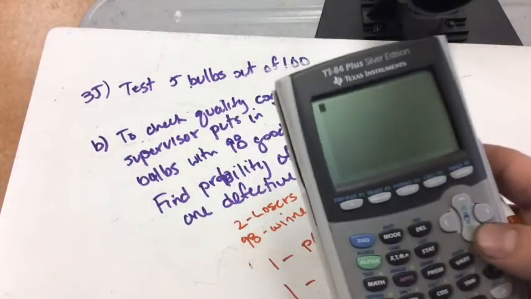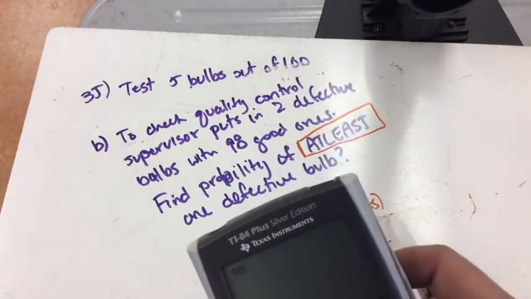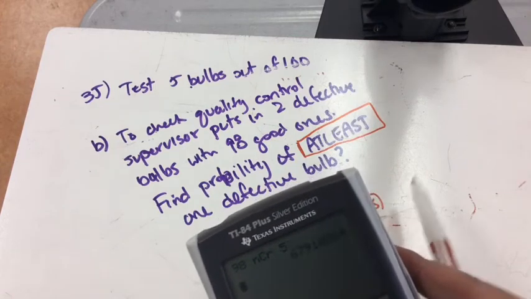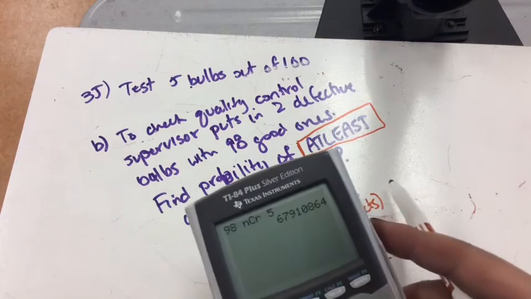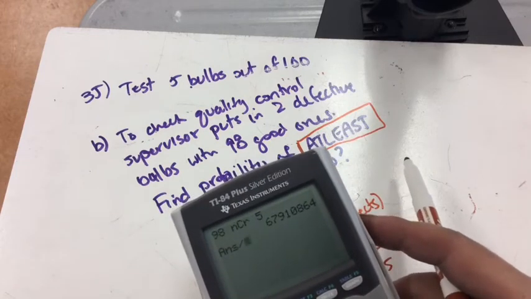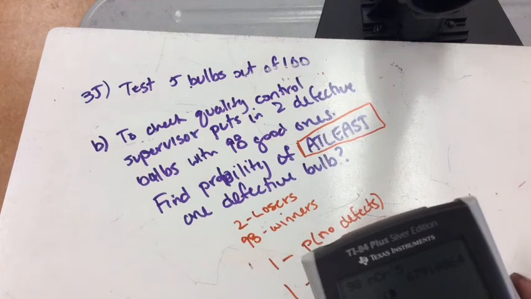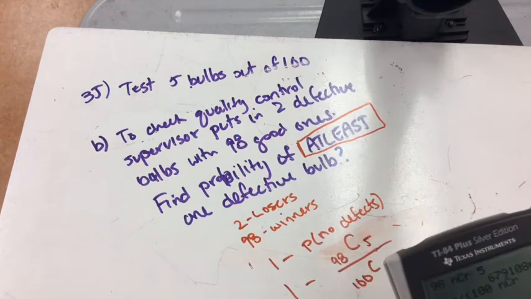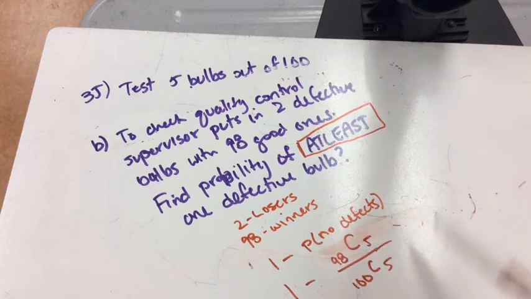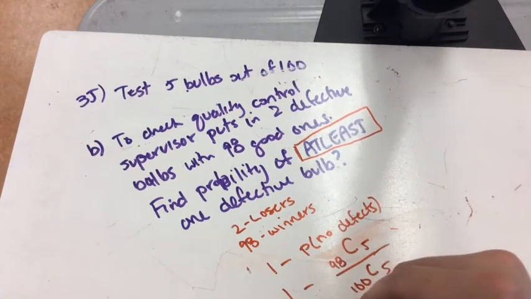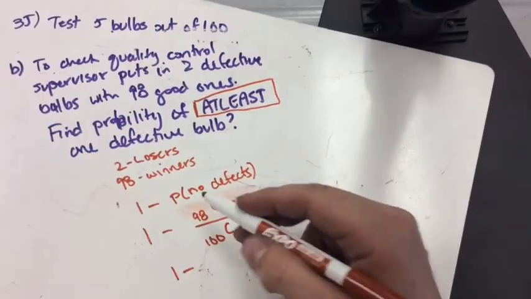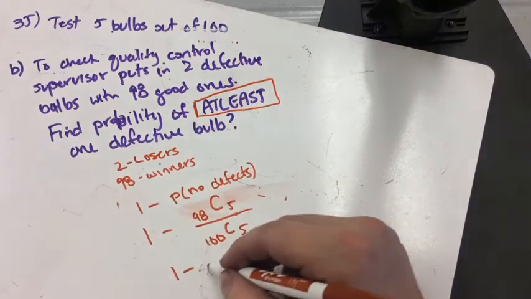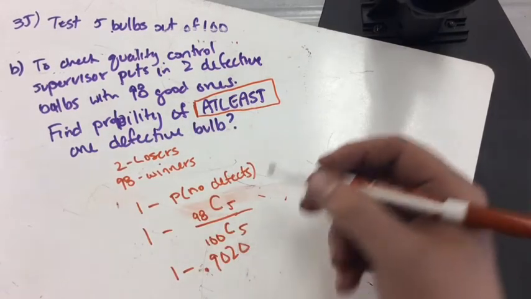So let's see. We're going to do 98, math probability, choose 5 of them. Gives us this huge number. Okay. And I'm just going to hit divide by, I'll put some parentheses around 100, math, probability, choose 5, which is going to give us 1 minus this number, which is 0.0902.